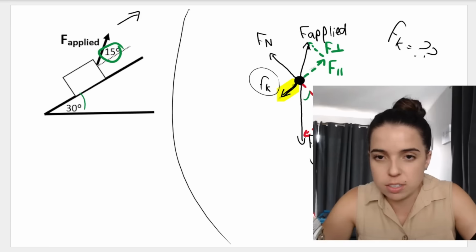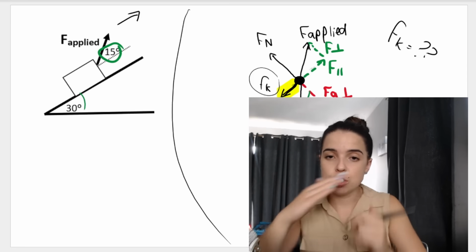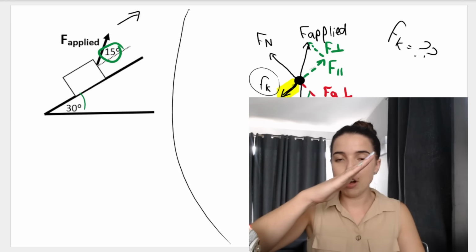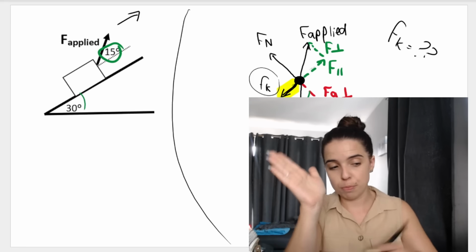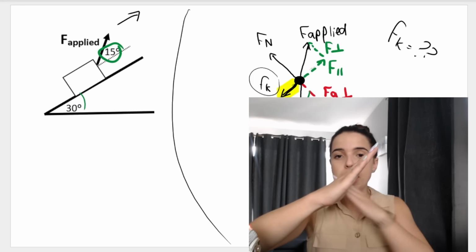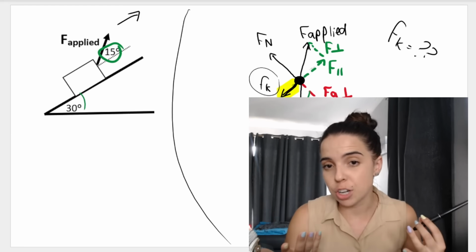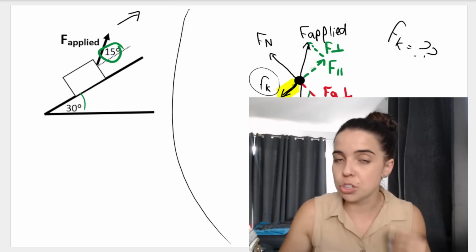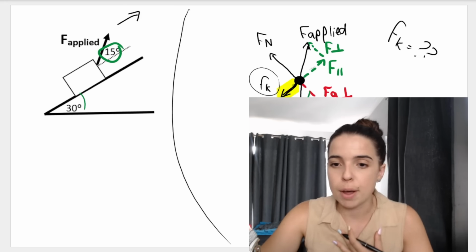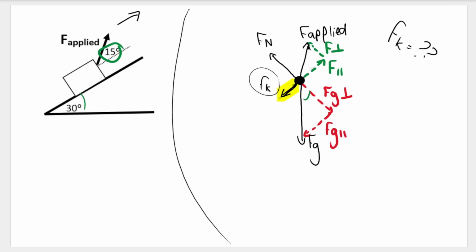Very, very important. We've got parallel to the slope and perpendicular to the slope. When I'm looking for friction, friction is a parallel to the slope force. I care about all the forces parallel to the slope. So I will care about friction, I will care about Fg parallel, and I will care about F applied parallel. And I will add those three together.